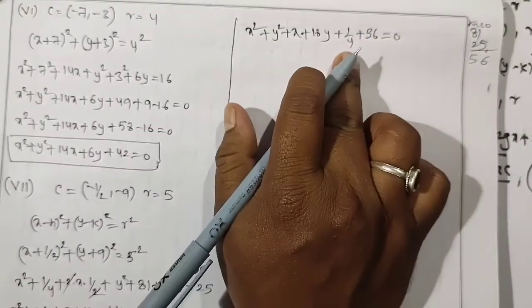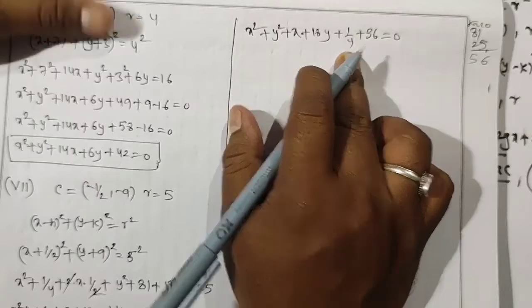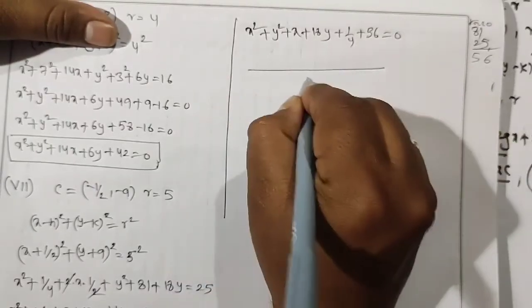So now we have the 1 by 4 here. We take the LCM, which is 4.